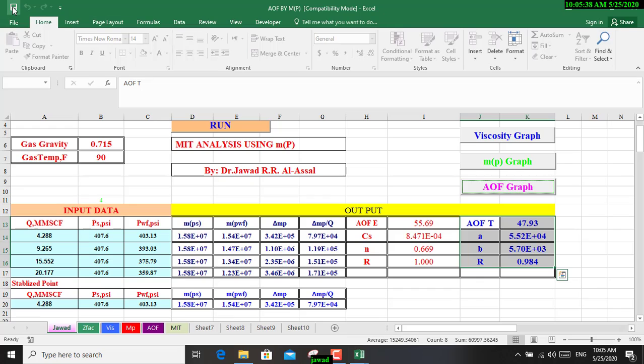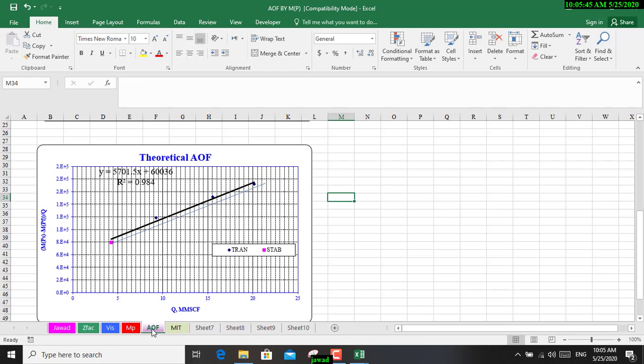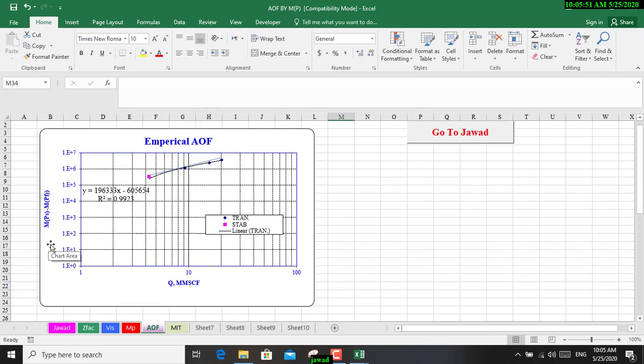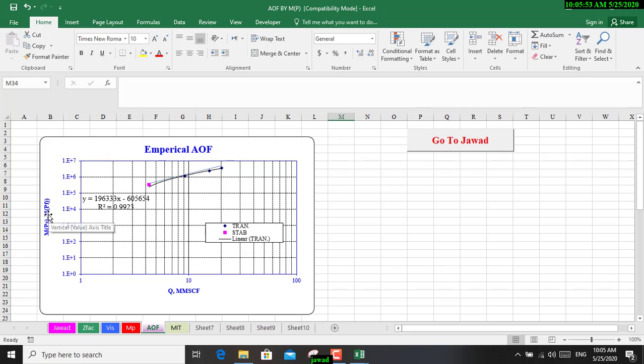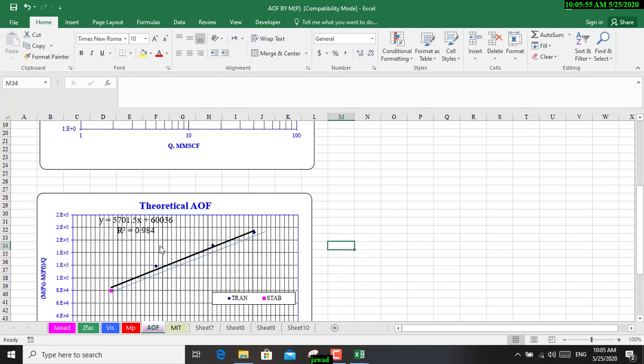Okay. I can use it in terms of P squared. This is MOP, this is AOF. This is MOP, or psi of P. I use psi of P empirical and psi of P theoretical.